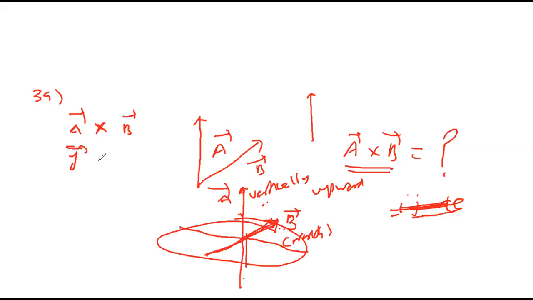Inward. So can I say it is minus K cap? What is J cross K? I, correct. So this is minus of J cross K, that will become minus I.